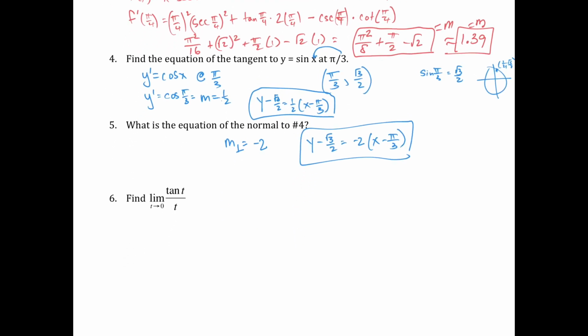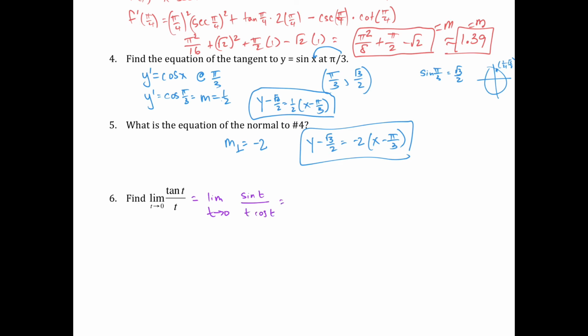All right. So let's take a look at number 6. On number 6, we need to find the limit as t goes to 0 of the tangent t over t. Well, what I want to do here is I want to convert this, and we're going to say that this is the limit as t goes to 0 of the sine of t over t cosine t.